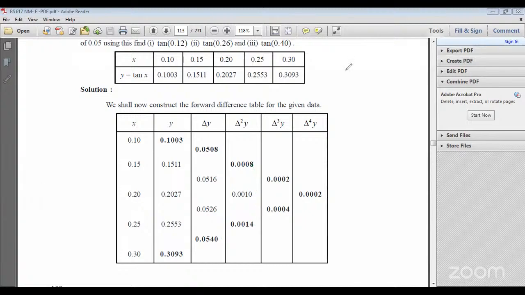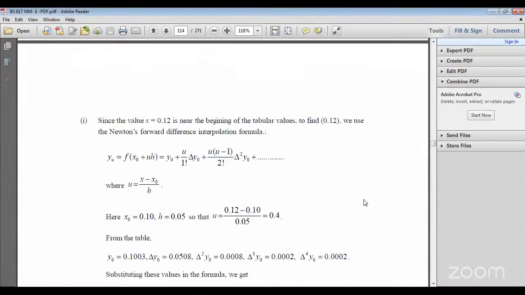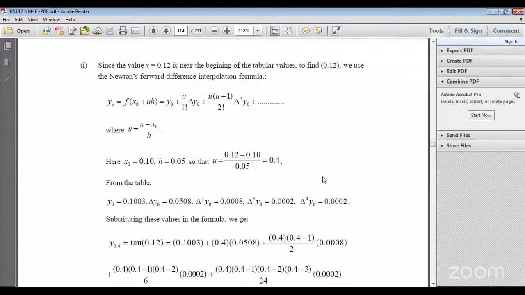So similarly, since x is equal to 0.1 is near the beginning of the tabular values, we are taking here f of x naught plus h y naught, u by 1 factorial delta y naught, plus u into u minus 1 by 2 factorial delta square y naught. That is u is equal to x minus x naught by h. So x naught is equal to 0.10, h is equal to 0.05.